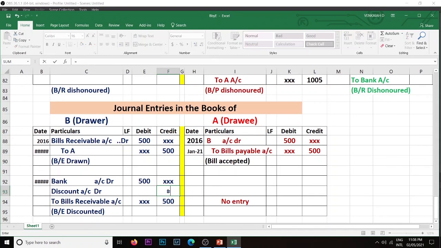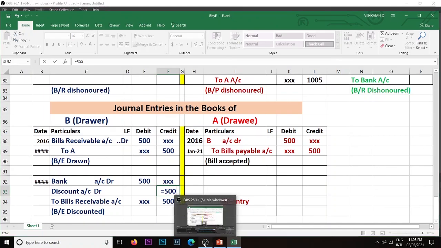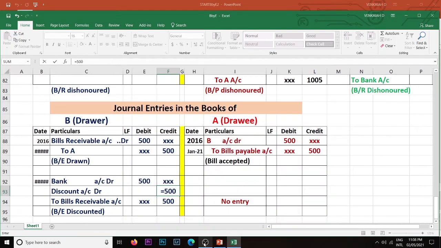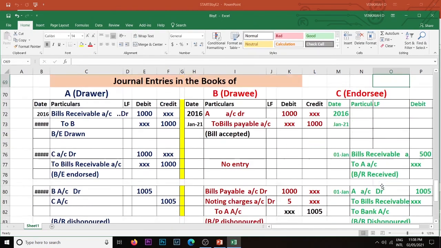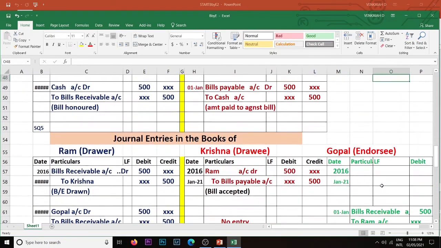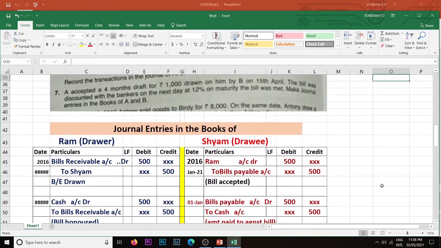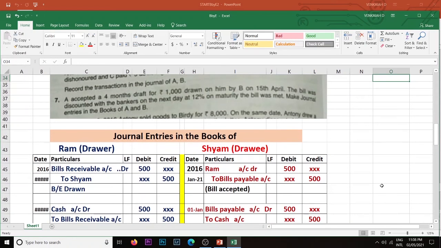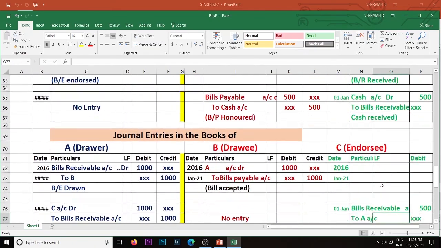Bill amount is 1000 at 12% for 4 months. We'll calculate the discount.